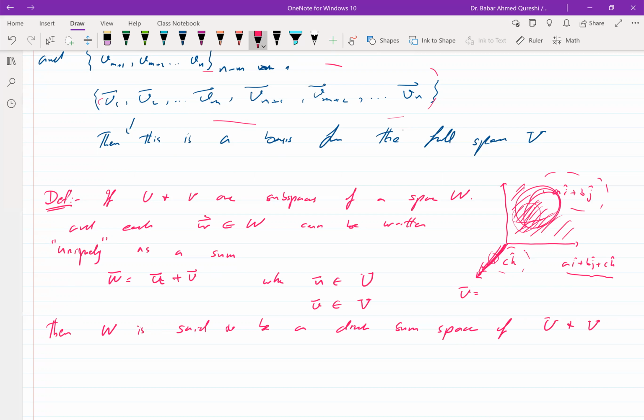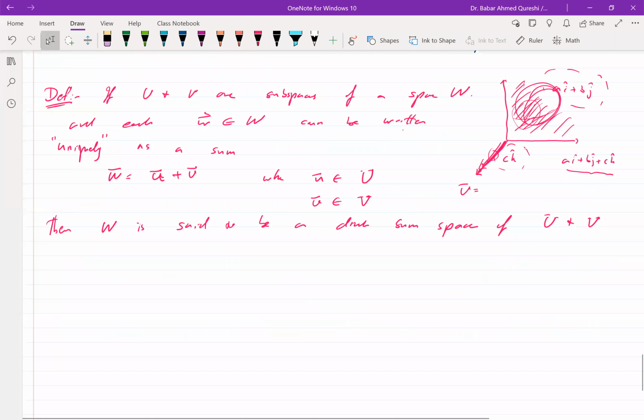Started with a two-dimensional space and gave it one more dimension to make a three-dimensional space. And it is written as W is U direct sum V.